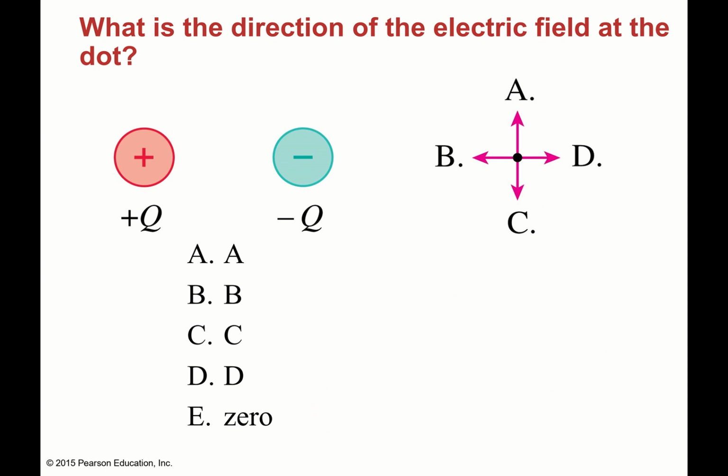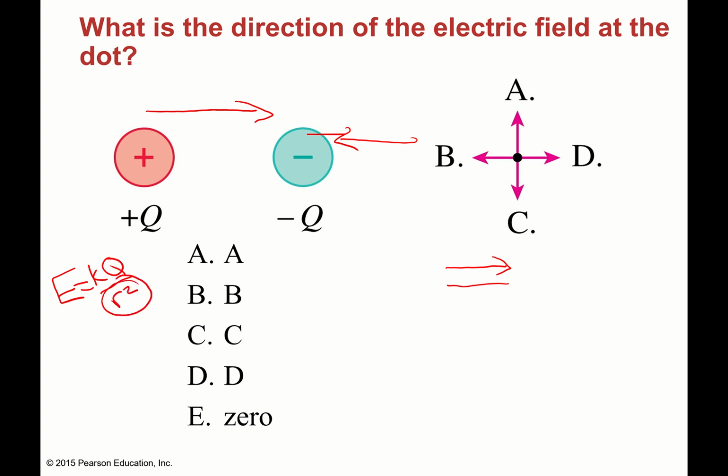Just like the electric forces, if you've got more than one charge, the electric fields will add together. And if you remember, we did a question like this for electric force. What was the direction of the electric force at the dot? Well, the electric field comes out of the positive charge and goes into the negative charge. So the electric field is going to have a component both to the right and to the left, and we have to think about which one's going to be stronger. Well, the electric field is kq over r squared, and that r is different for the two charges.